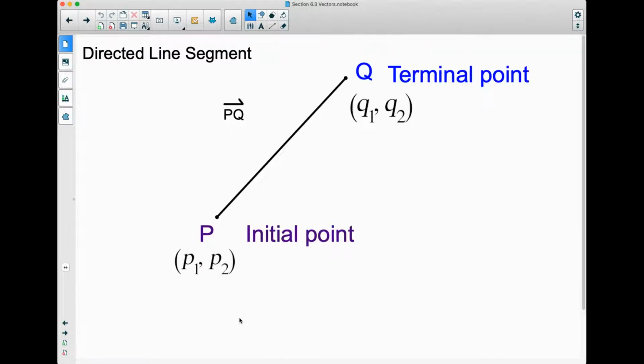So we have a directed line segment. We have our initial point and we have our terminal point. We'll be using these P's and Q's and stuff like that. So go ahead and make sure you have that written down.